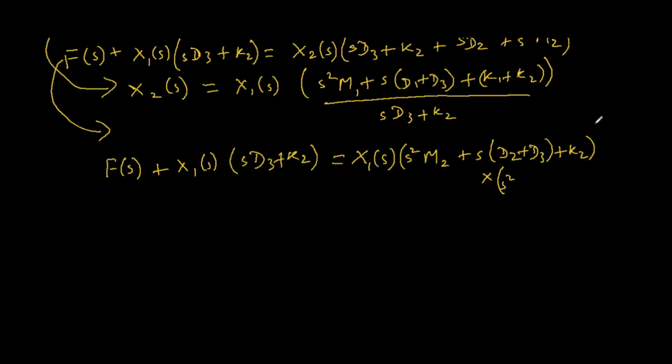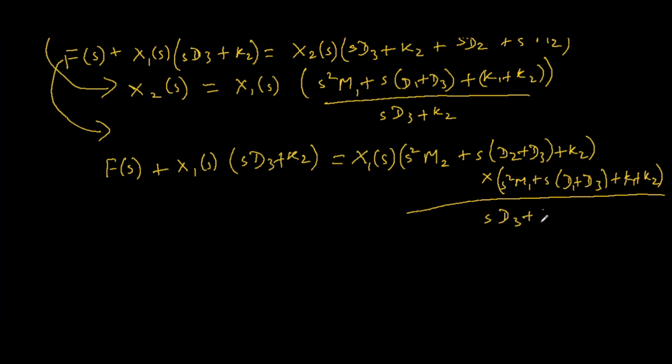So that will be multiplied by S squared M1 plus S into D1 plus D3 plus K1 plus K2, all of this divided by S D3 plus K2. So we can now pull all the X1 terms to the right and come up with one expression that stands for the transfer function of this system.